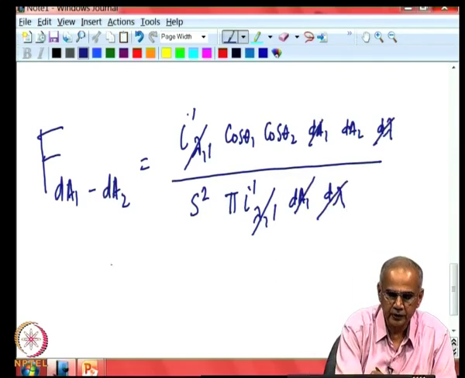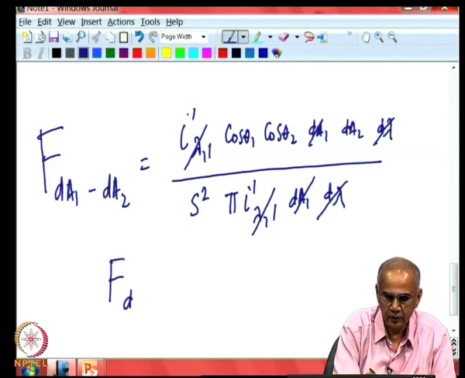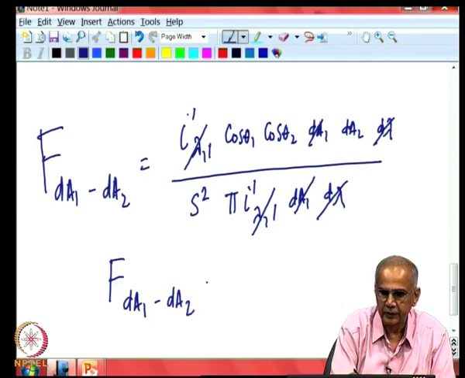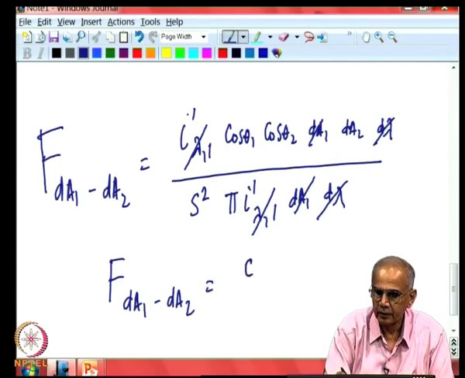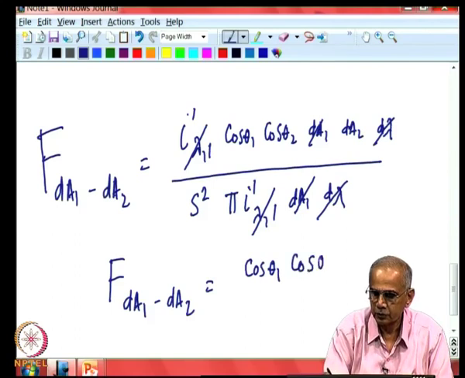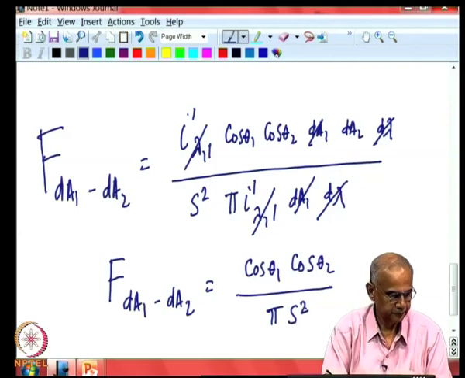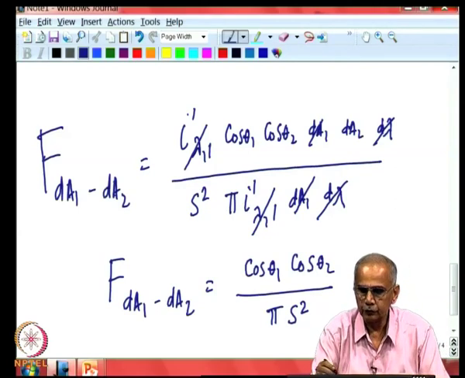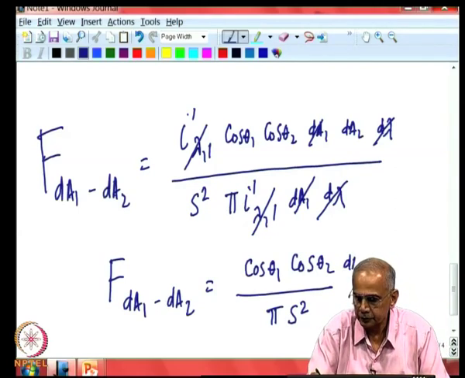So, we get a simple relation for the differential geometric configuration factor as nothing but cos theta 1 cos theta 2 dA 2 by pi s square. Of course, the dA 2 is not gone.